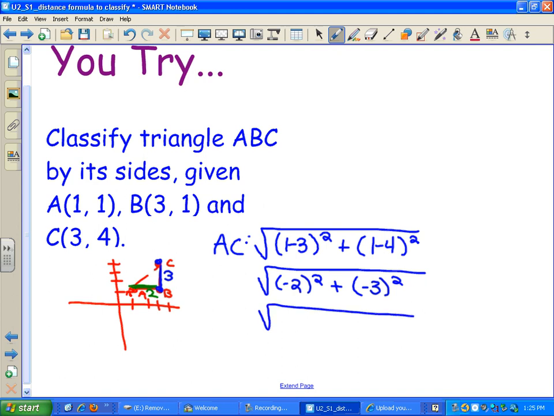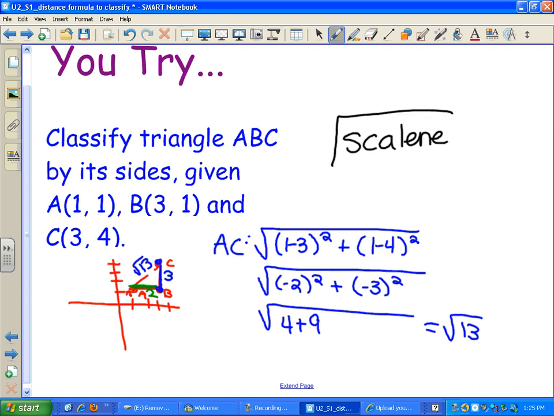Well, negative 2 squared is 4, plus negative 3 squared is 9, so 4 plus 9 is the square root of 13. So this distance is the square root of 13. So the sides of my triangle are square root of 13, 3, and 2. None of the sides are the same, which means that this is a scalene triangle.